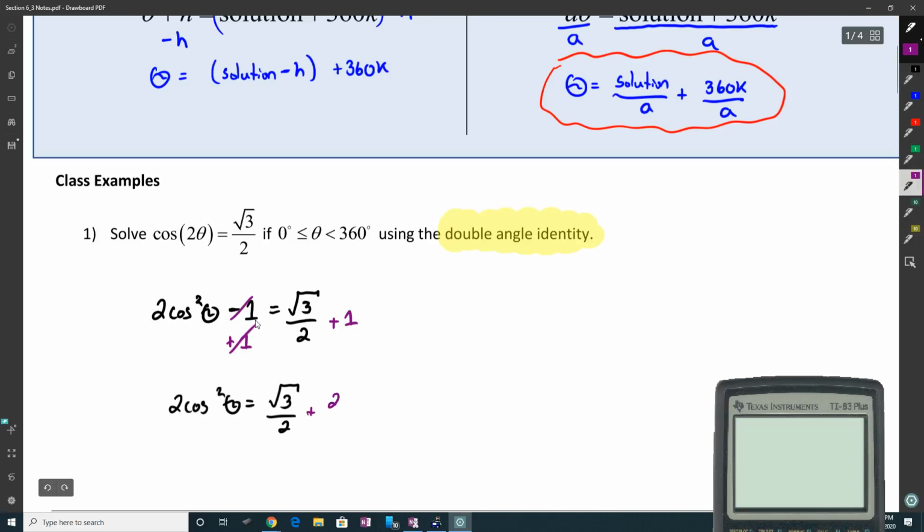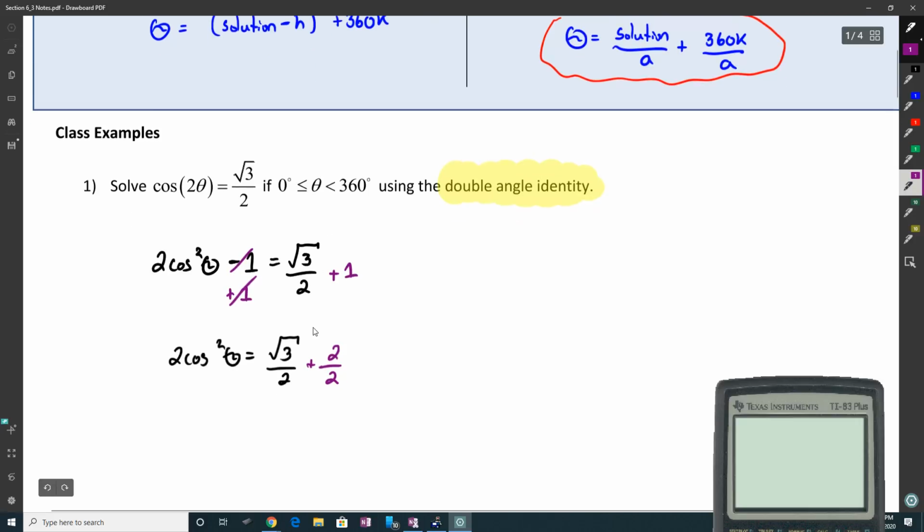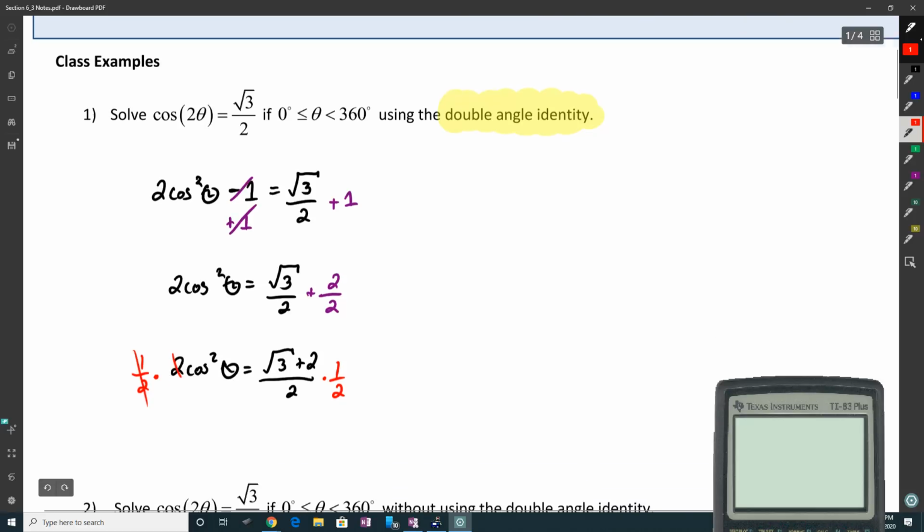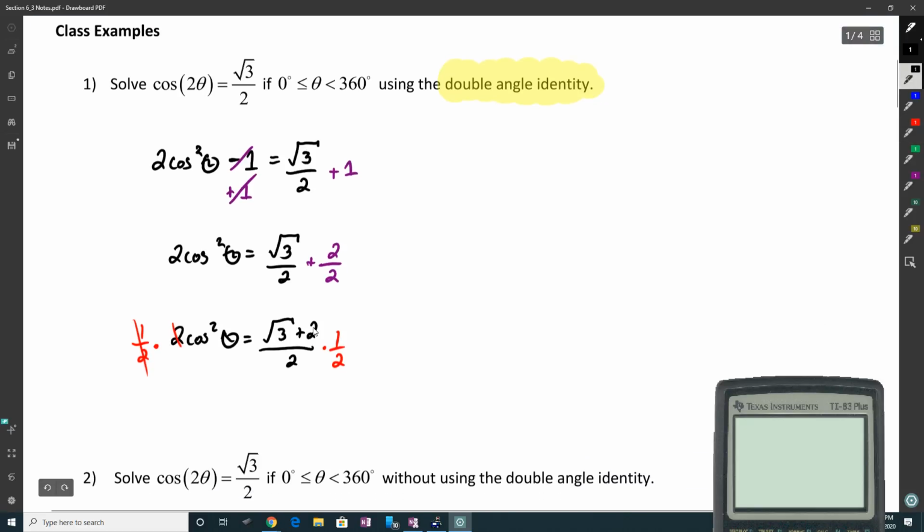I'm going to try to get it as one fraction. And so now I'm just kind of simplifying a bit. 2 cosine squared theta is square root of 3 plus 2 over 2. And then I divide by 2. Well, rather than say divide by 2, I'm going to multiply it by a half. So you can see immediately what happens to that. So I have cosine squared theta equals square root of 3 plus 2 over 4.